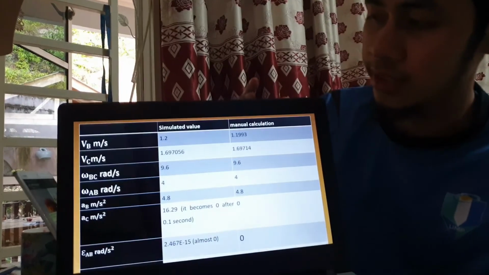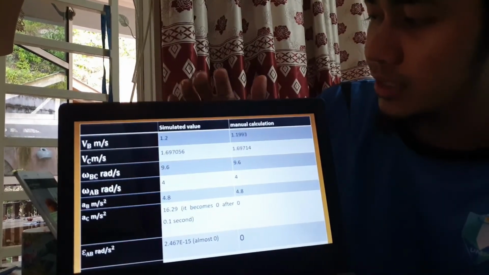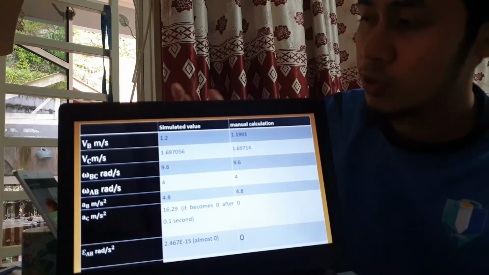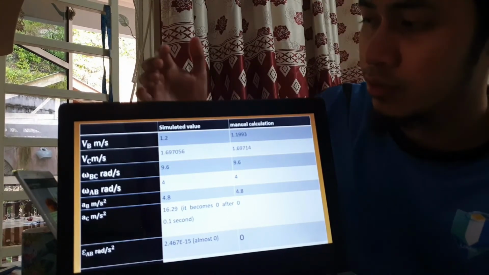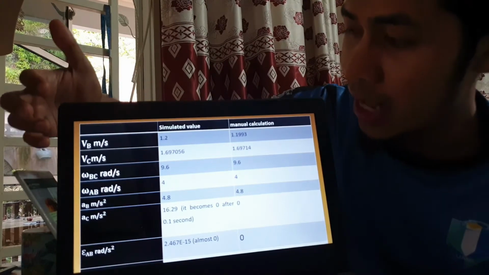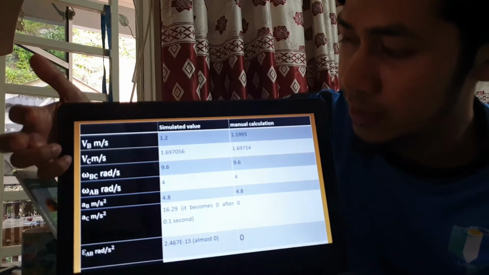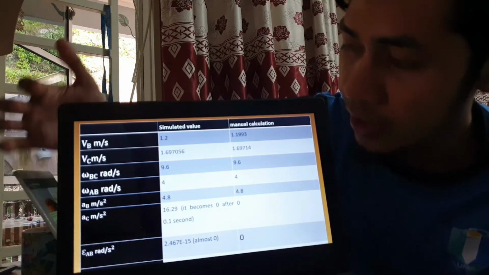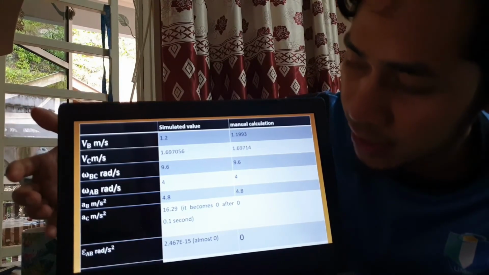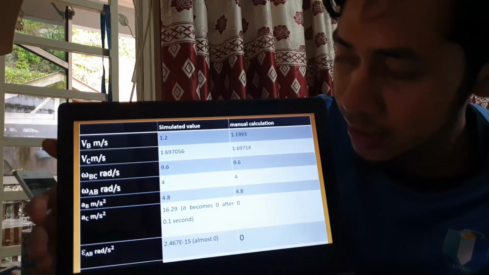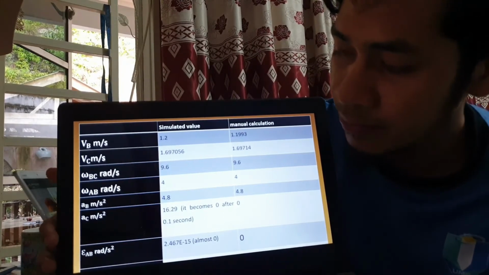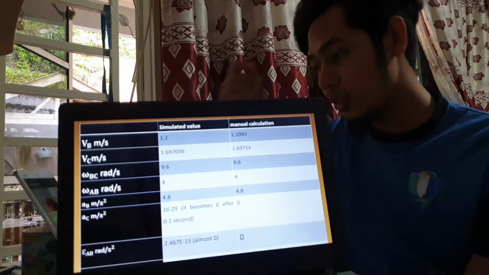This is the result from the simulation and the manual calculation. From our result, we get the velocity at point B, the velocity at point C, the angular accelerations of BC and AB, and the accelerations at point B and point C. Lastly, the angular acceleration of element AB.